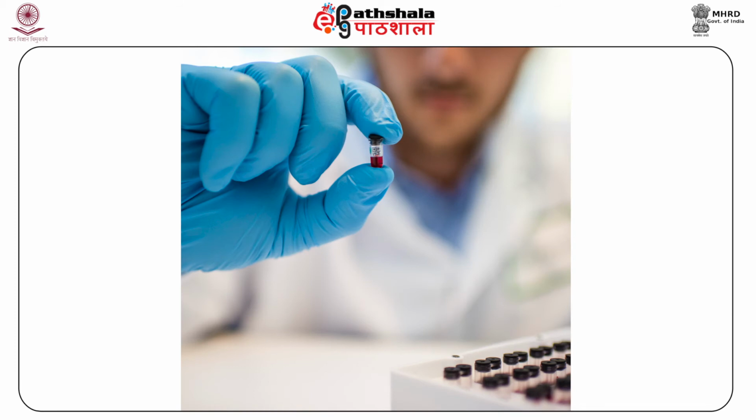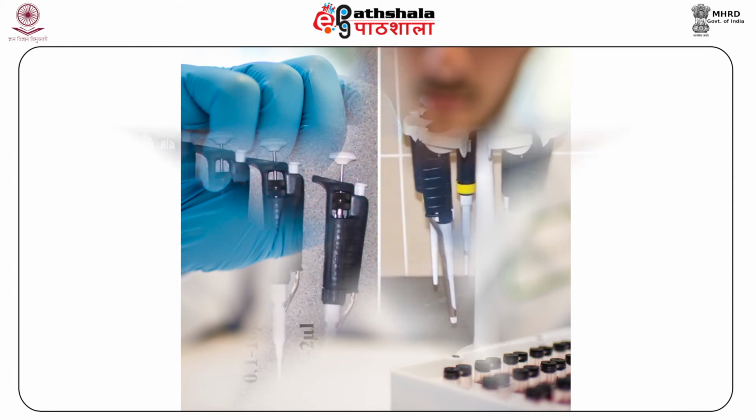Next is micro volumes. In a DNA fingerprinting laboratory, the ELISA laboratory, and other laboratories, there is an urgent need to measure very small volumes in microliters, or 10 raised to the power minus 6 liters. Such small volumes are measured with the help of a tool called a micropipette.